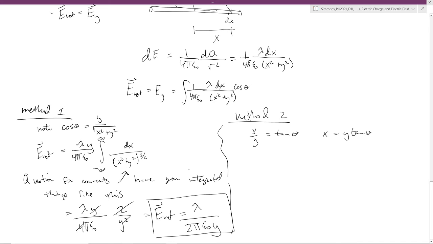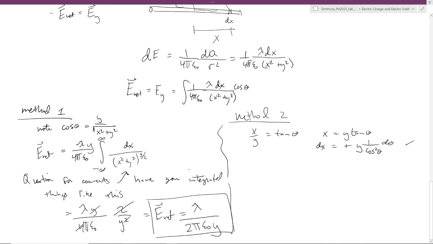So this would become 0 times the derivative of tangent plus y times the derivative of tangent with respect to theta, which is 1 over cosine squared, times d theta. So we can substitute for dx.